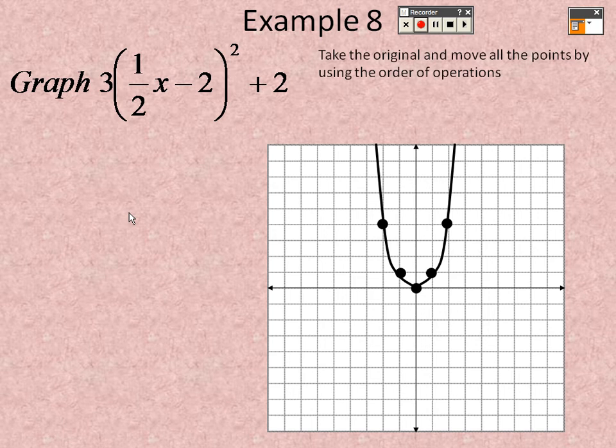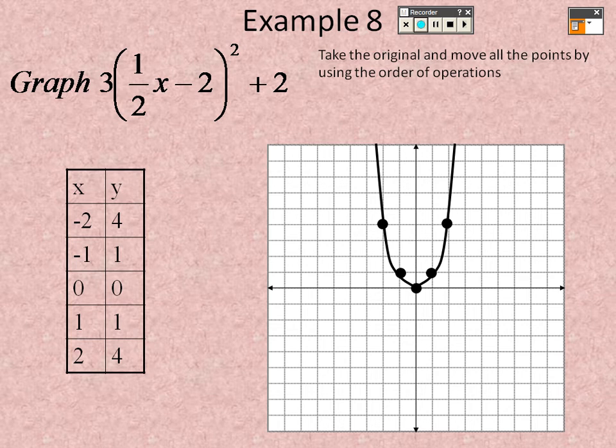So this is everything all together. So take the original and move all the parts by using the order of operations. So here's your original, right? There's the original: -2, 4, -1, 0, 0, 0, 1, 1, 2, 4. So 3. Multiplication and division come first. So 3 means I need to multiply those by 3.